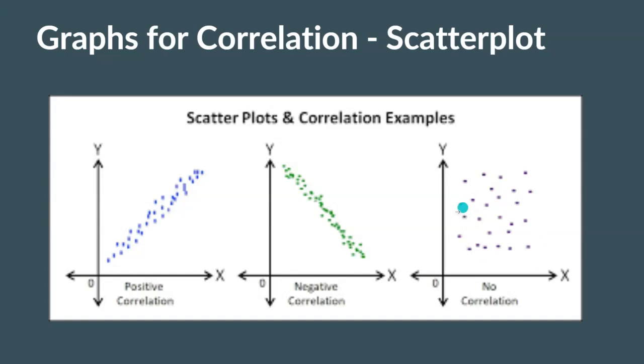This last one on the right-hand side is what no correlation looks like. It's completely scattered, with no pattern and no grouping. If you produced that, your R value would be 0. When you get an R value of 0, it means there is no relationship, no correlation.